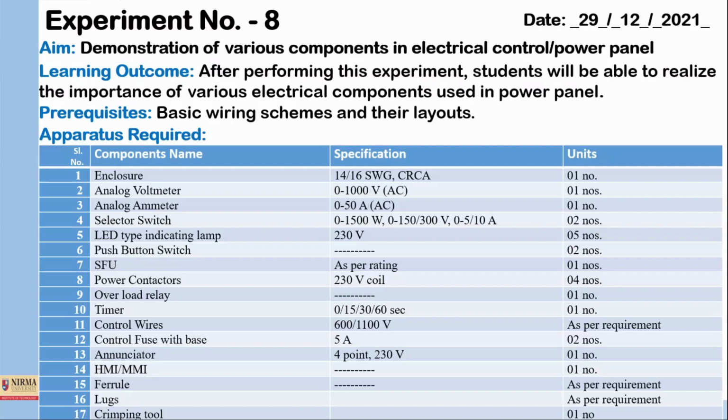Then there will be certain fuses for providing protection. To alert the worker or the operator, there will be an annunciator. Similarly, there may be a human machine interface and all those things. We'll discuss each component one by one.